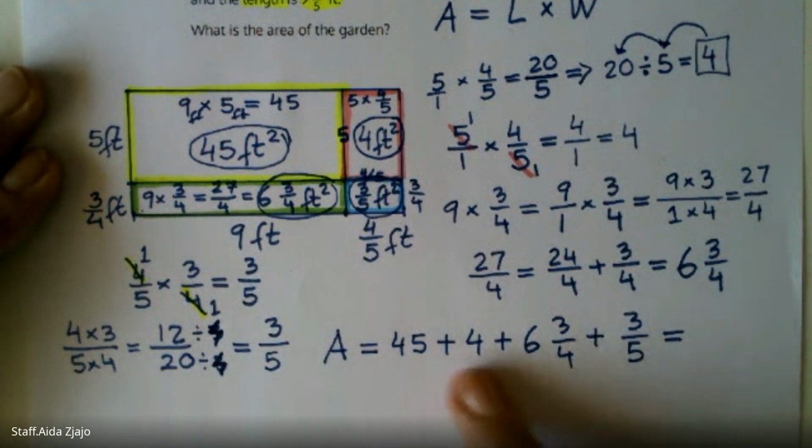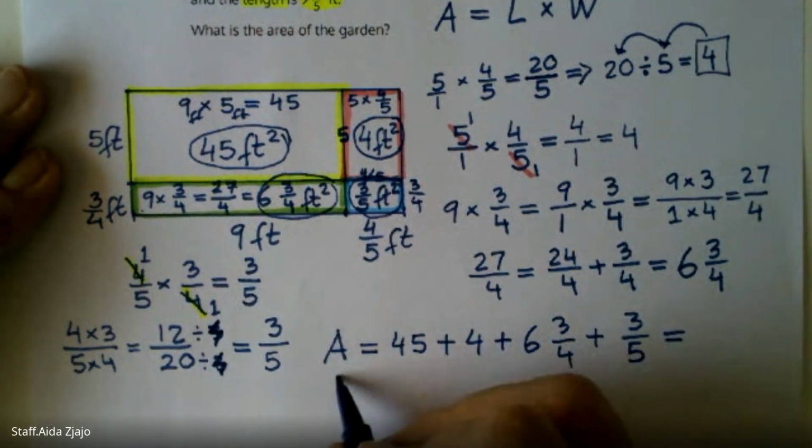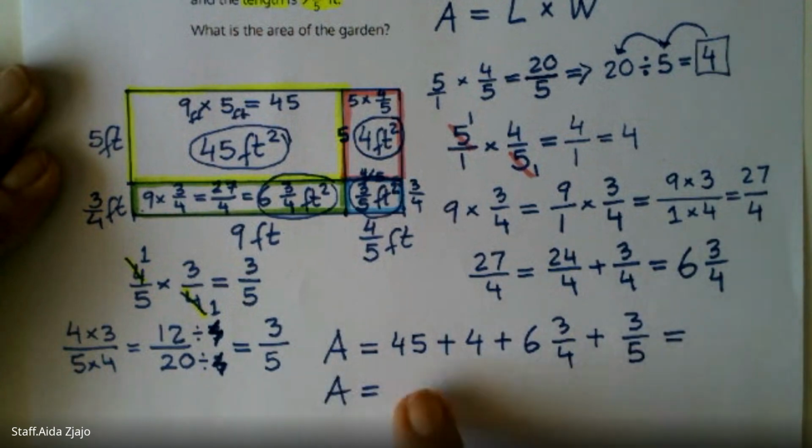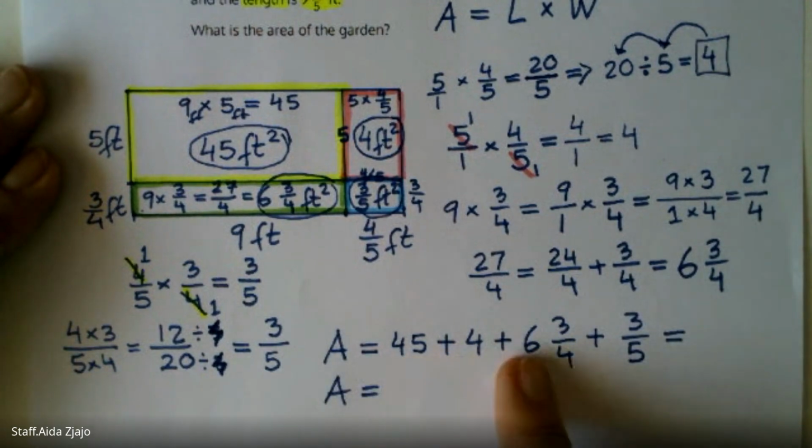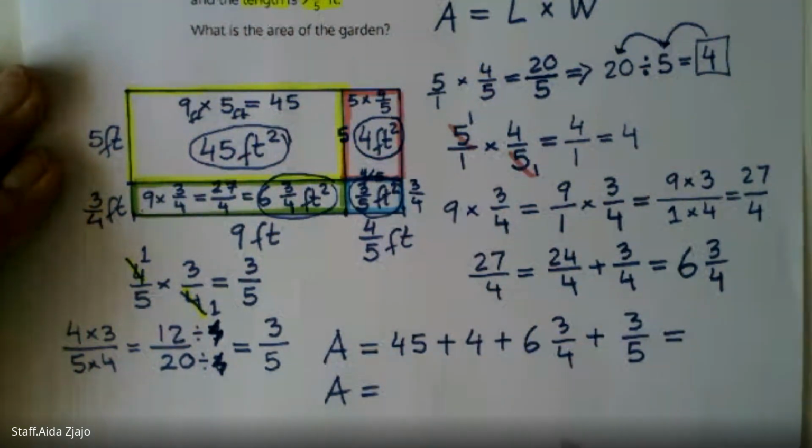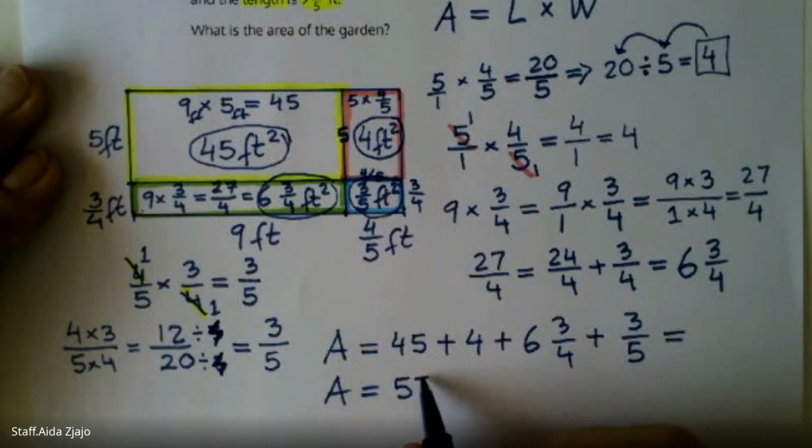Okay, these are whole numbers, so that's easy to calculate. Area equals 45 plus 4 and 6 makes 10. So that would be 55 right there.